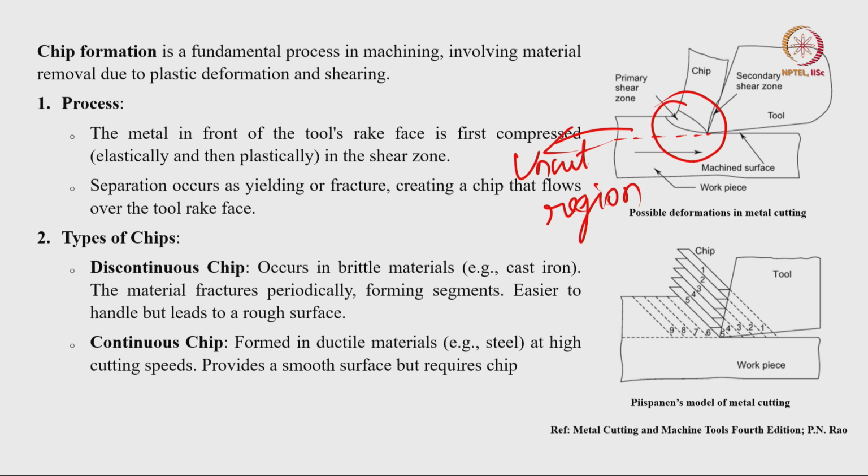The secondary shear zone forms between the chip and the tool which is responsible for machining. Again, the example is given in case of turning.